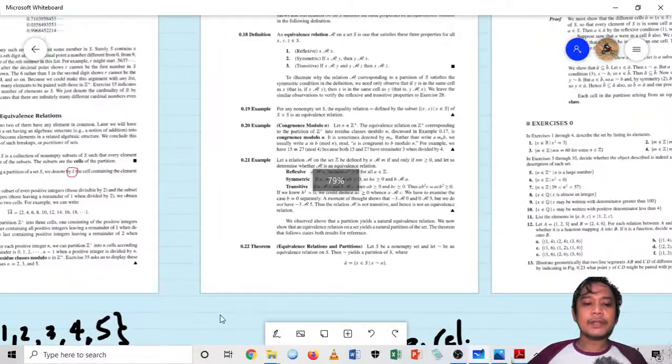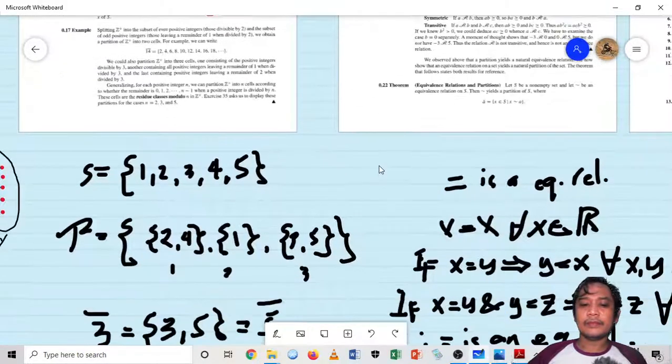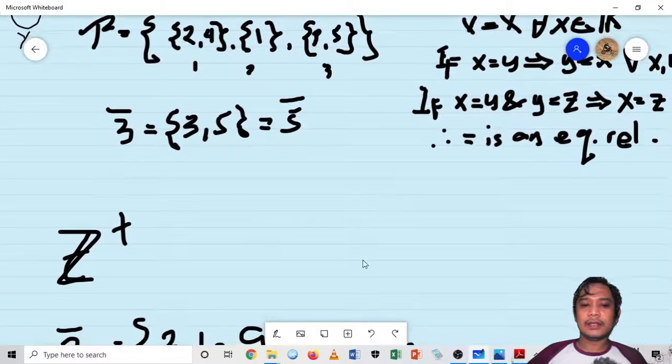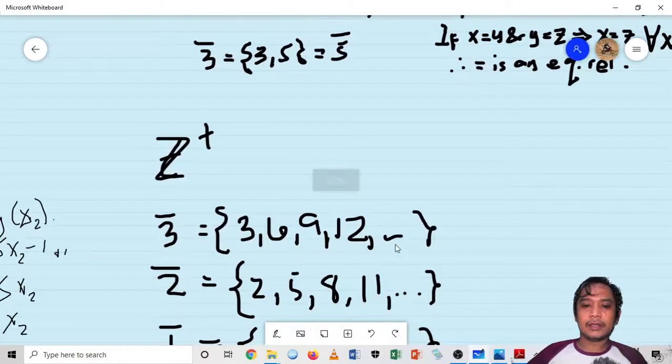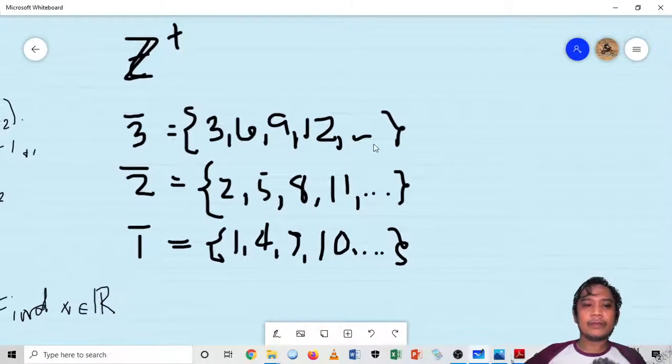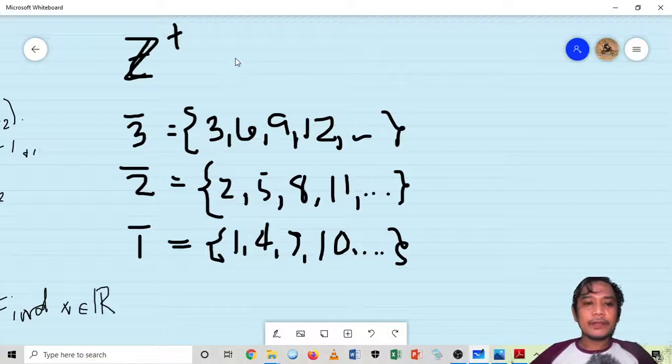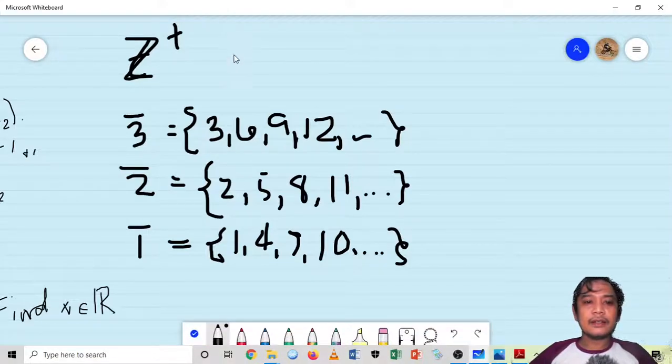So, for example, in our preceding example, take note here that we considered 3 as the divisor. So n here was 3. We see that if n is 3, 3, 6, 9 would be in the same cell. 2, 5, 8, 11 would be in the same cell. 1, 4, 7, 10 would be in the same cell.